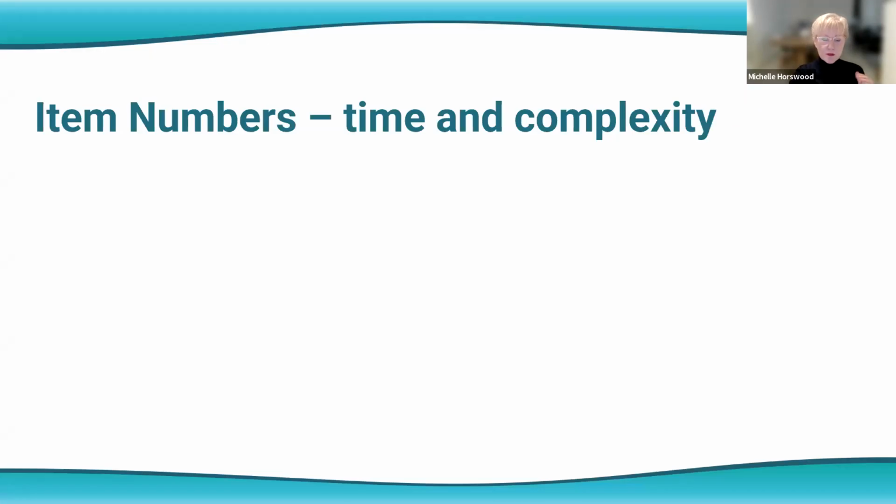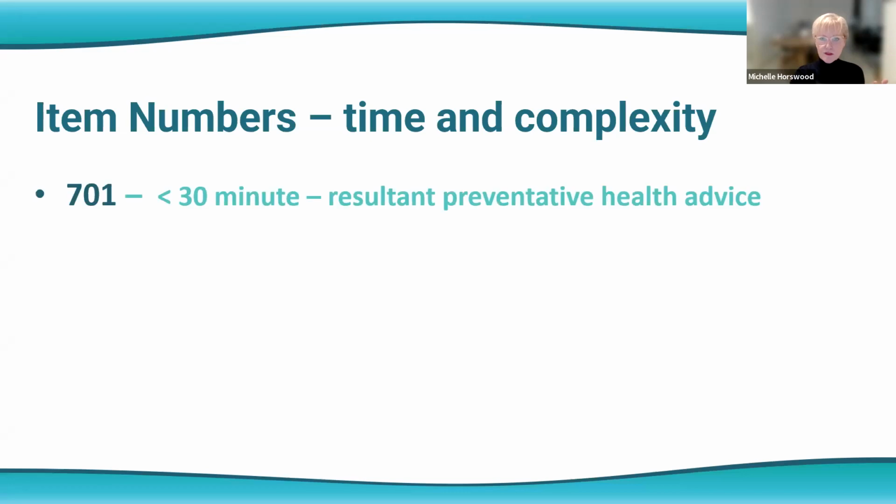Now, before we go through the individual types of health assessments, sorry, I just want to talk about the basic health assessment item numbers. And what they're measured by is time and complexity. So the first one here we've got is 701, and this will make more sense as we go through the others if you haven't been doing billings for health assessments before.